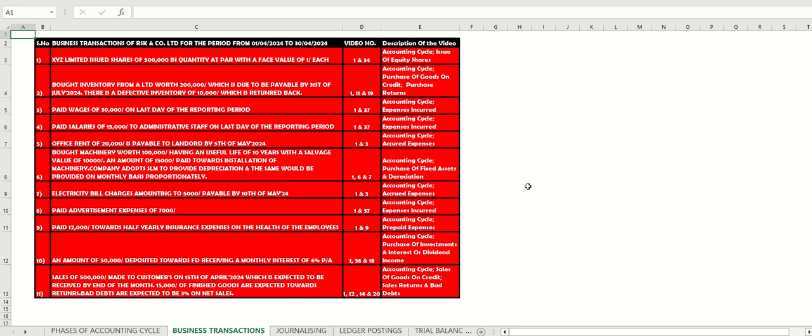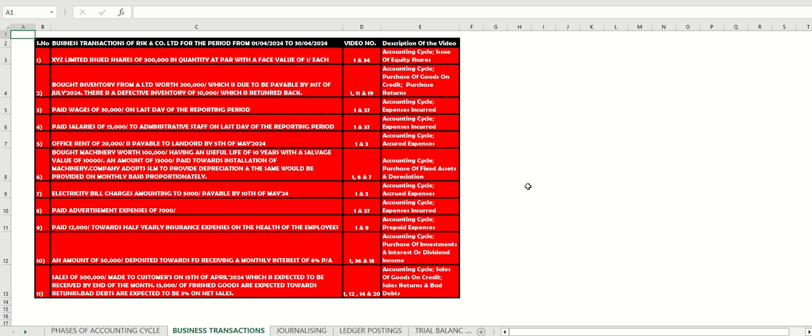When the sales are being made, normally the sales would be made on credit basis. Eventually the company would receive the money from its customers in the same reporting period. Also, an amount of 15,000 worth of finished goods is expected to be returned by the customers, which is nothing but the sales returns.